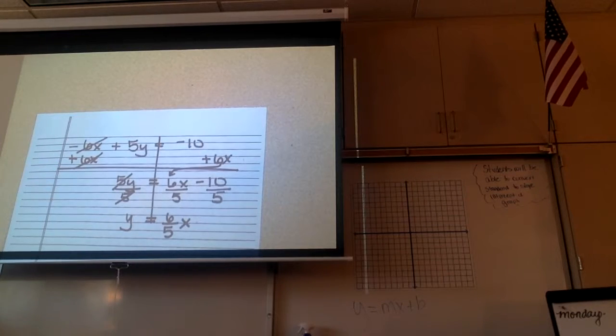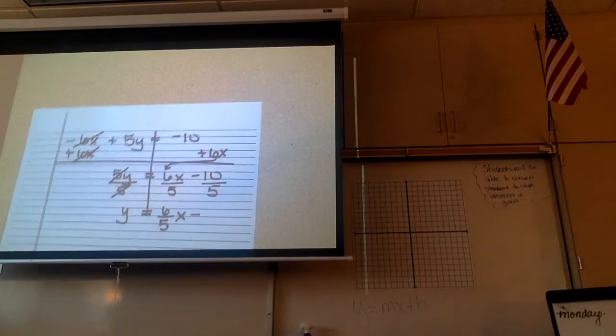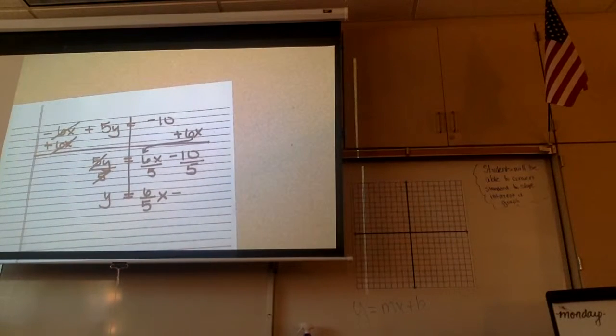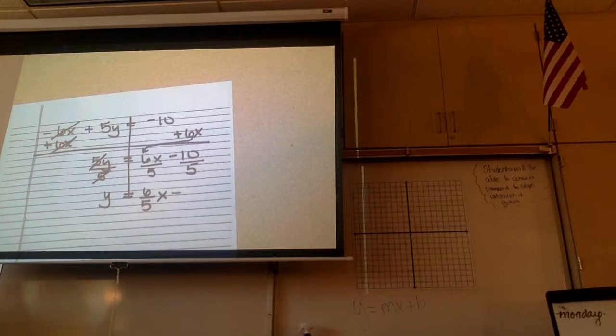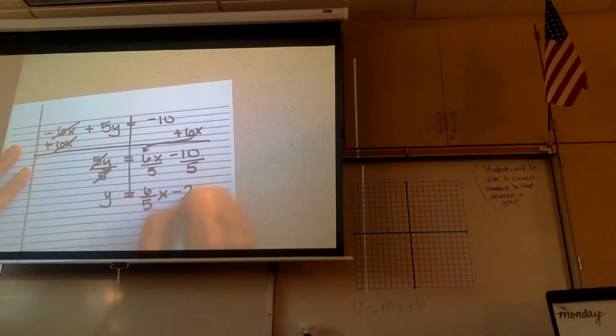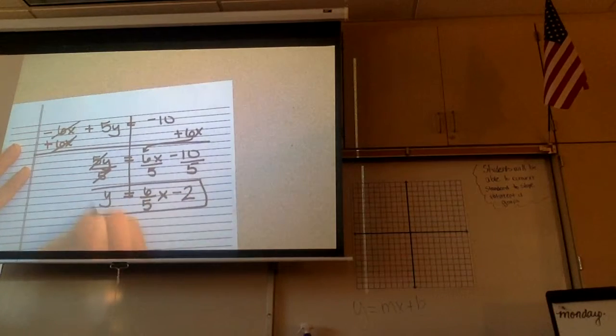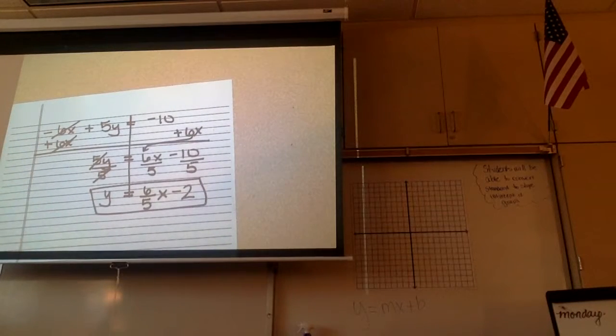We actually want a fraction. Woo! We're happy about that. 10 divided by 5. What do I have there? What's 10 divided by 5? 2. So I'm going to have minus 2.